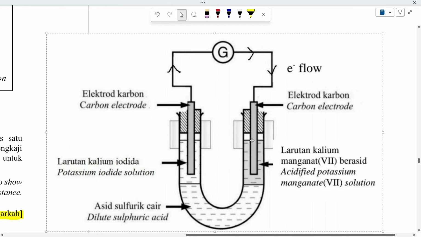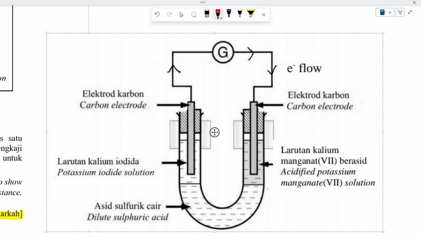Now let's look into these diagrams. So you can see both chemicals or solution, one at the left side, another one at the right side. Then sulfuric acid as an electrolyte now.